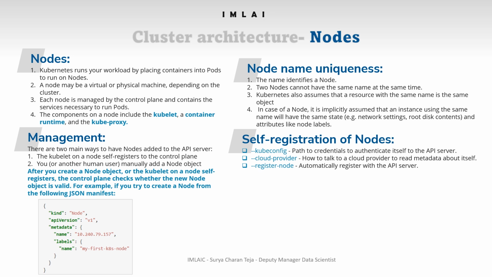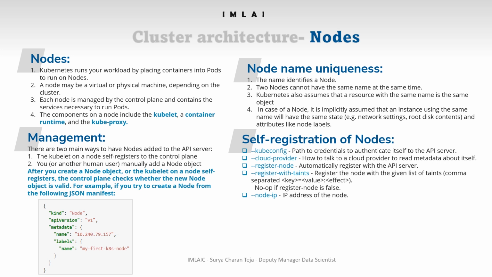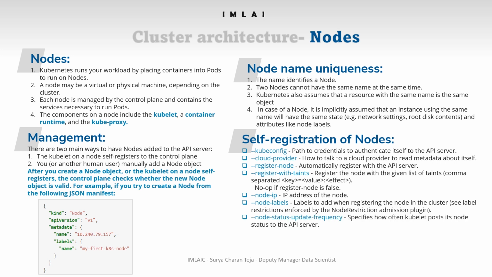Then node IP, the IP address of the node, should be provided. And node labels, we can attach labels when registering the node in the cluster. Then we have node status update frequency, which specifies how often kubelet posts its node status to the API server.